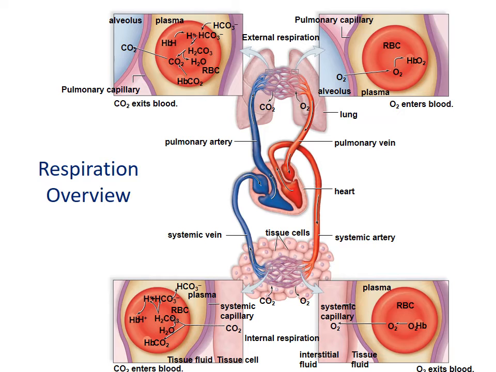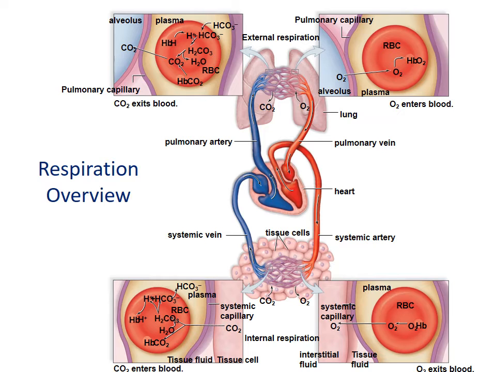That'll dissociate into water and carbon dioxide. Carbon dioxide then will diffuse into the lung and can be breathed out. Carbon dioxide also can bind to hemoglobin, so hemoglobin also will release its carbon dioxide at the lungs and allow it to be breathed out.